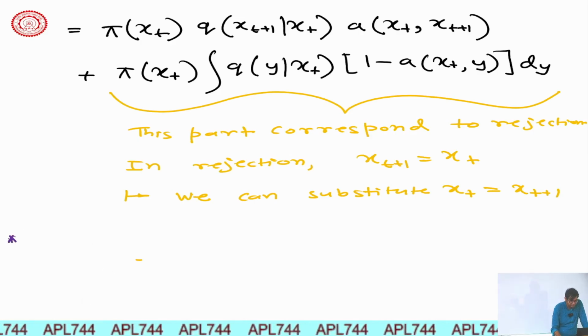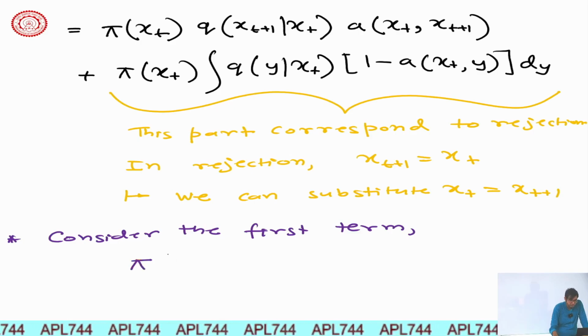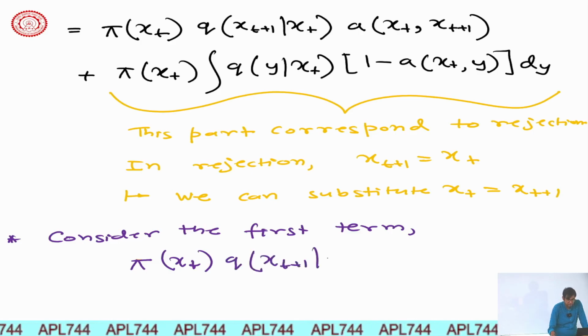we consider the first term. Let us consider the first term. Okay. And what we have is pi of xt multiplied by q of xt plus 1 given xt multiplied by a. And what is a? What is the formula for a?